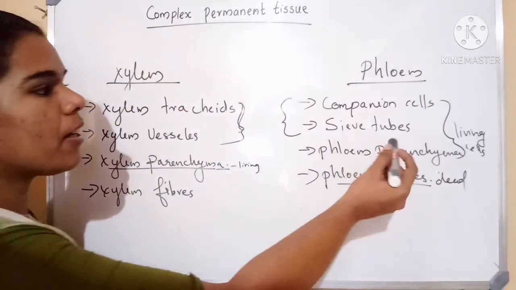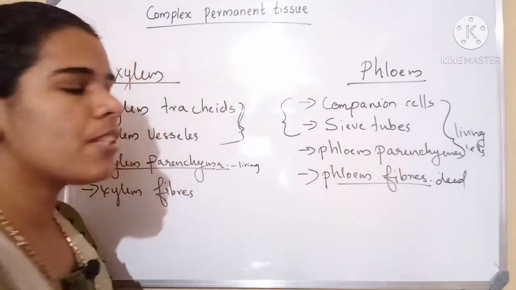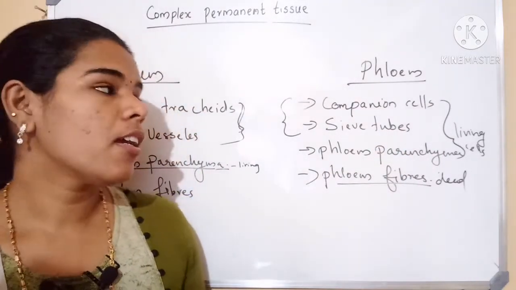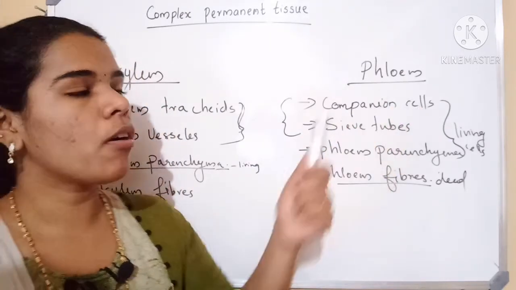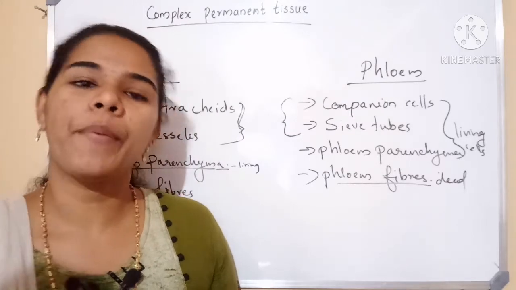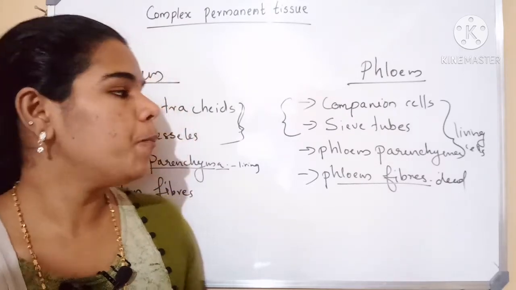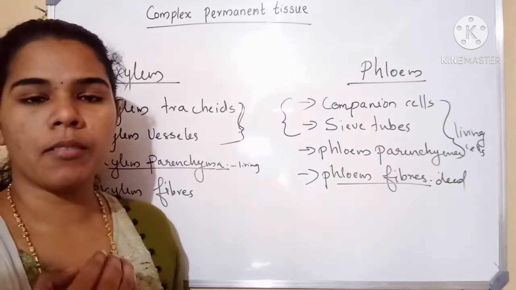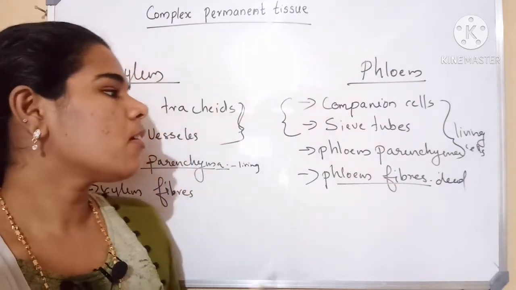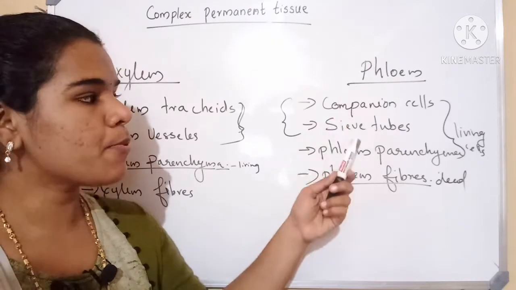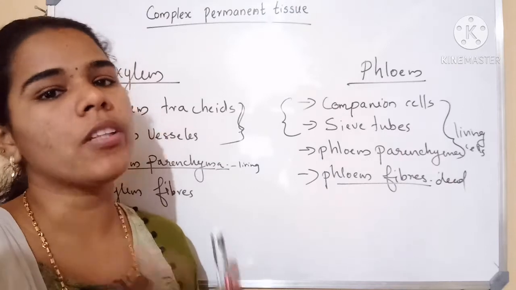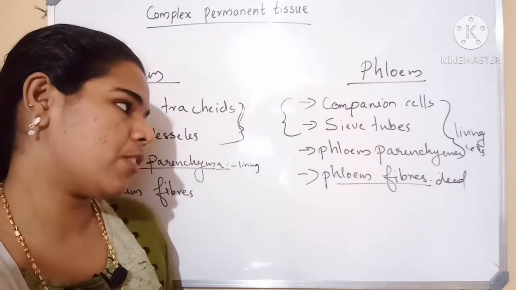Here the main function of companion cells and sieve tubes, which are tubular in structure: small perforated openings are there, which help two-way movement. So these cells help conduct food in both directions.